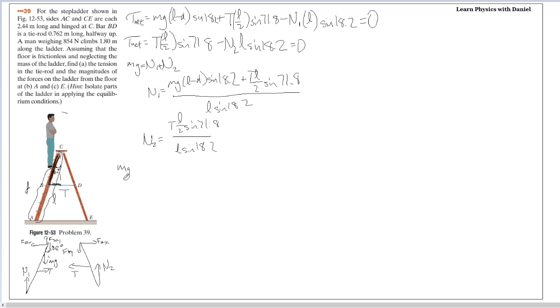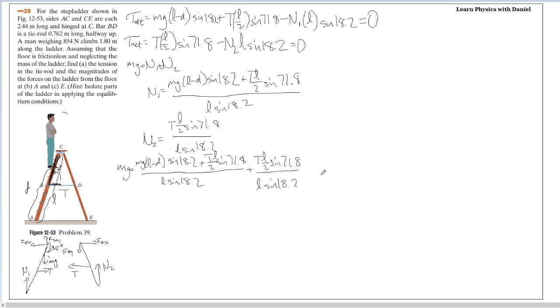So we get that mg equals mg L minus d sine 18.2 plus TL over 2 sine 71.8 over L sine 18.2. And then we also have plus TL over 2 sine 71.8 over L sine 18.2. I'm missing these decimal points.